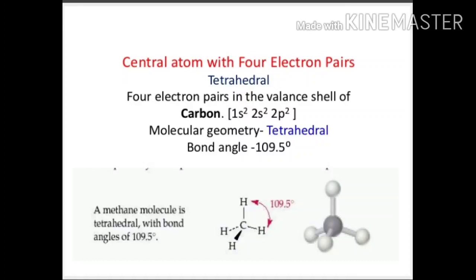There are no lone pairs of electrons, so this molecule has a symmetrical shape, which is tetrahedral. All the 4 hydrogen atoms are at the same distance from each other, and the bond angle between them is 109 degrees 5 minutes.